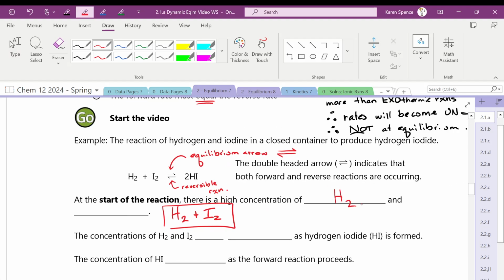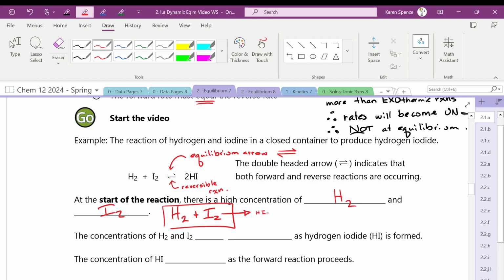Yes? So we have a high concentration of H2 and I2. Now, what's going to happen to those concentrations as these guys react and start to form product? It's going to decrease because I'm going to start making HI. Now, initially, do I make very much? No, I only have a very little bit to start with.